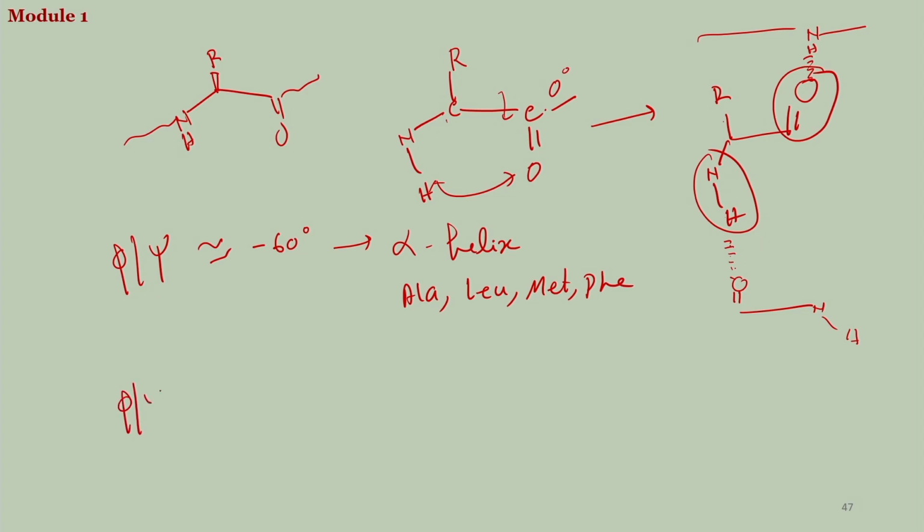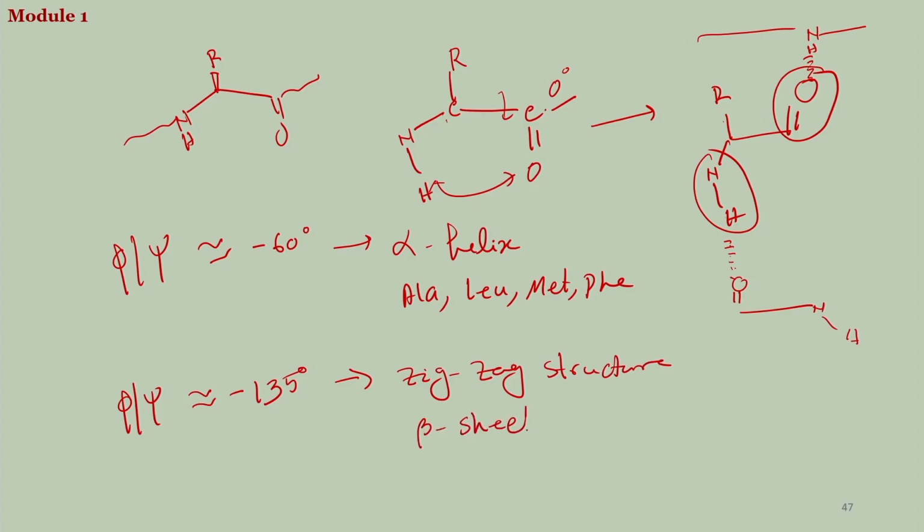And if your phi versus psi angle is around minus 135 degrees, then that assumes a zigzag structure of the protein, and that means they are prone to form beta sheet structure, or beta sheet, as I will call it, assembly, because it happens between two molecules or more than two molecules.